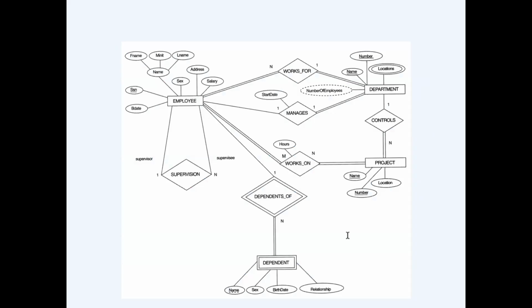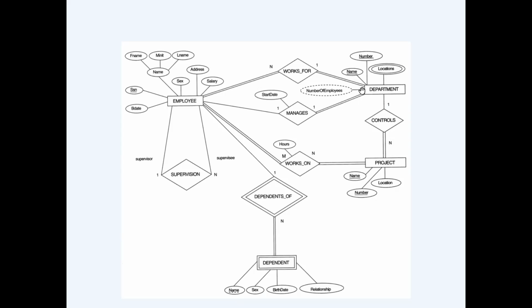From the graph itself, you can notice that a particular employee works for one department. You see one here. Take the department, it can have many employees. So this is a many-to-one or one-to-many relationship. Let's take another one.